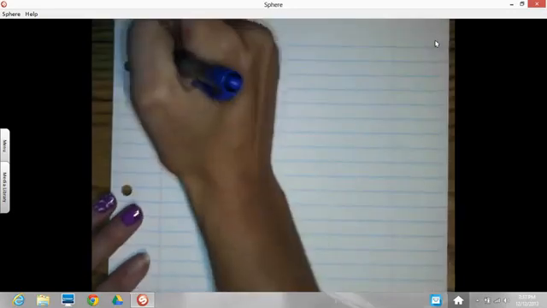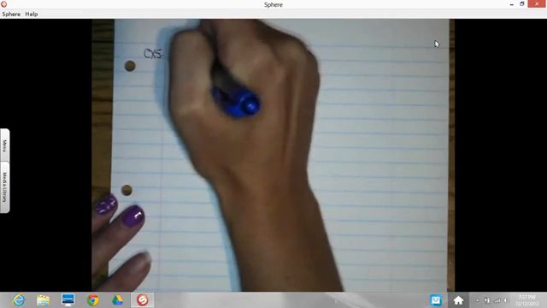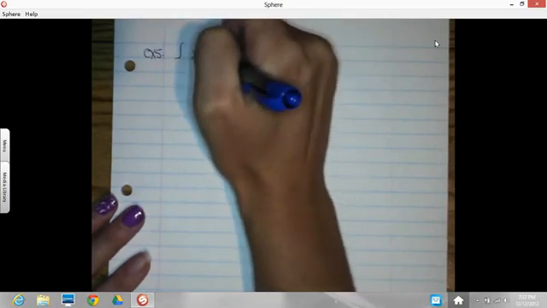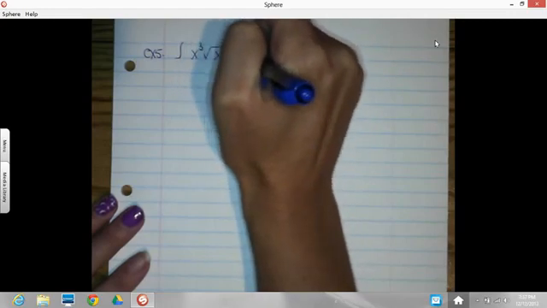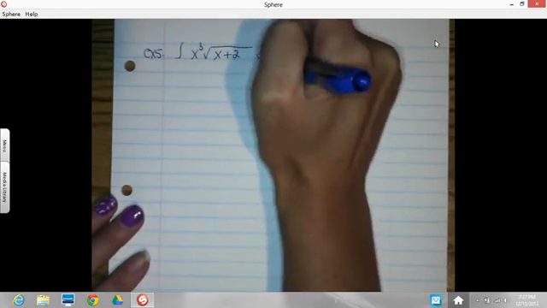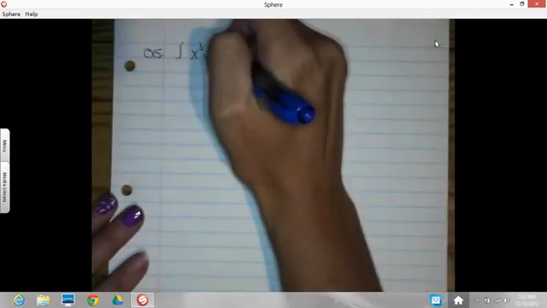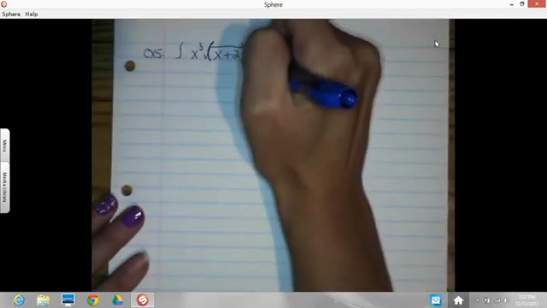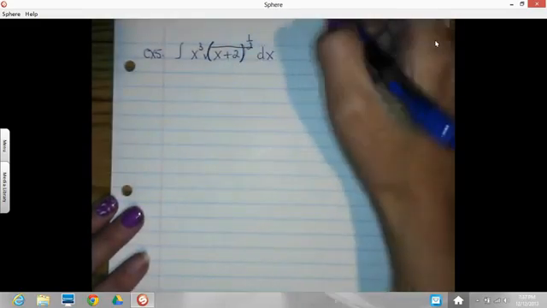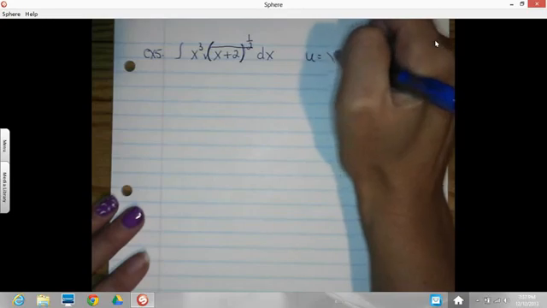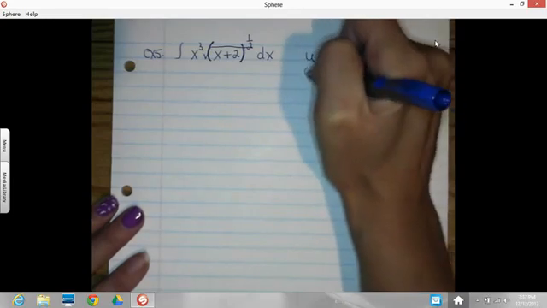Okay, number 5. We've got x cubed times the square root of x plus 2 dx. I'm going to rewrite this right now to the 1/2 power. So there's my inside. So u equals x plus 2. du equals dx.